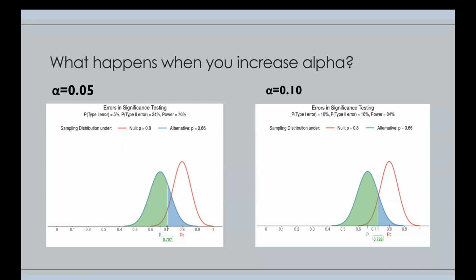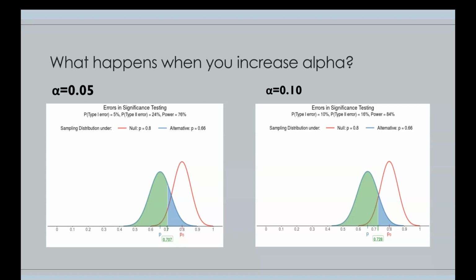The following diagrams show what happens when we increase alpha. To the left is the original one that I started the applet with, when I have a significance level of 0.05. And to the right is when I increase my significance level to 10%. Let's understand the diagram to the left first.